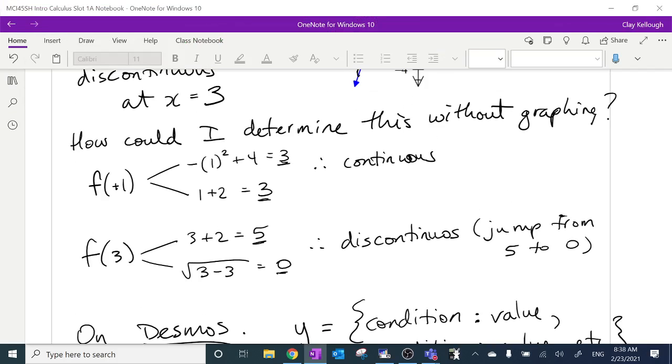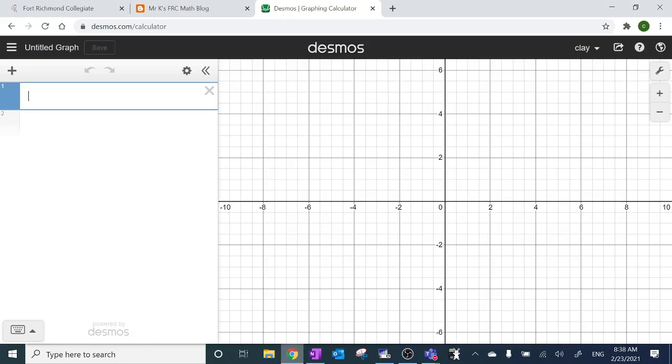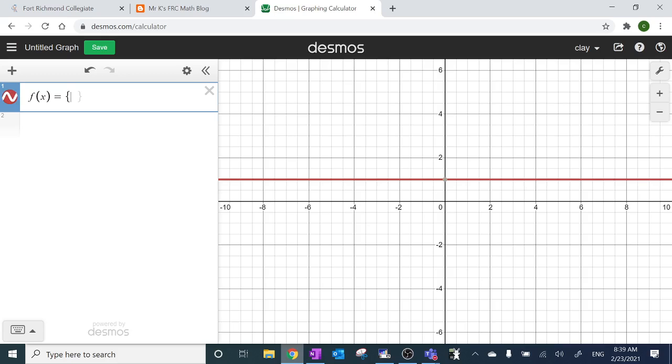So if I wanted to put this into Desmos, I would do it like this. So let me get to Desmos here real quick. So I'm going to type in y, or I could type it in as f of x. It doesn't matter. So f of x equals, and then I need the curly bracket, which is right beside the letter P on your keyboard. So shift curly bracket, and then I have to put in the condition first.